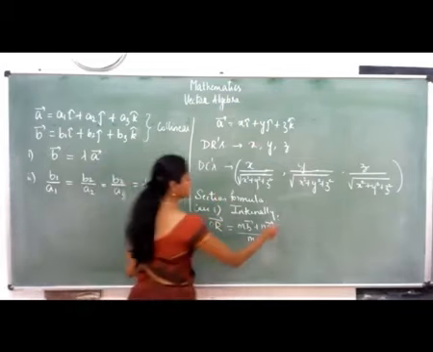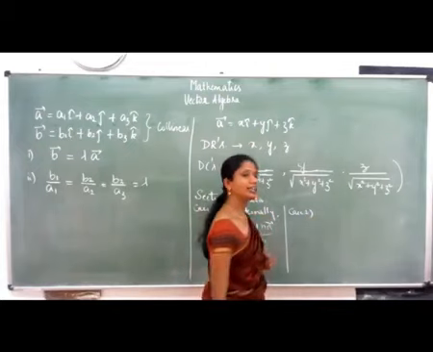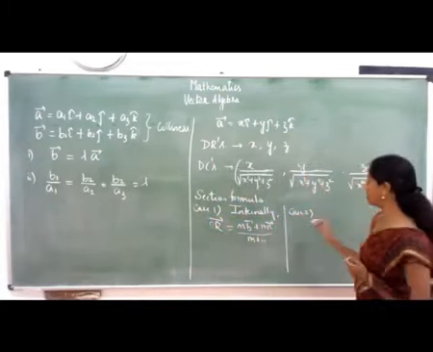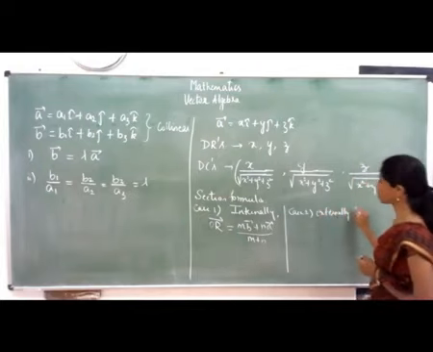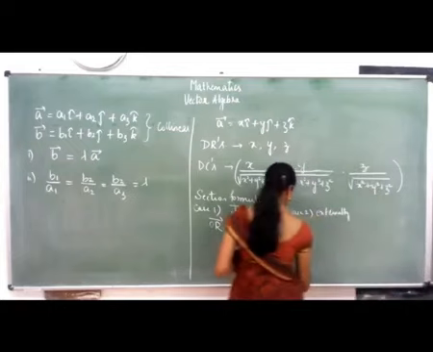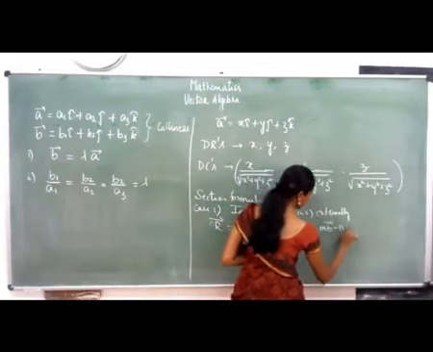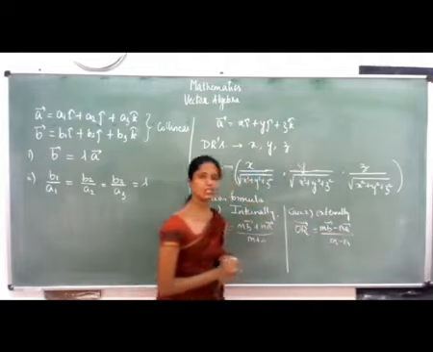Next, in the second case, the point R divides PQ in the ratio m:n externally. Here, the position vector OR is given by m into vector B minus n into vector A divided by m minus n.